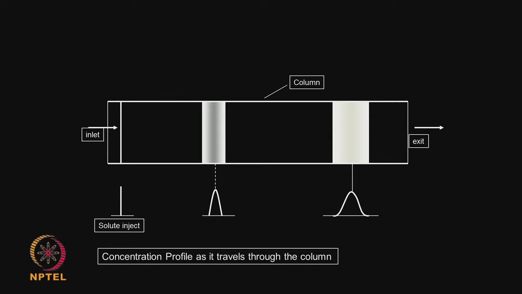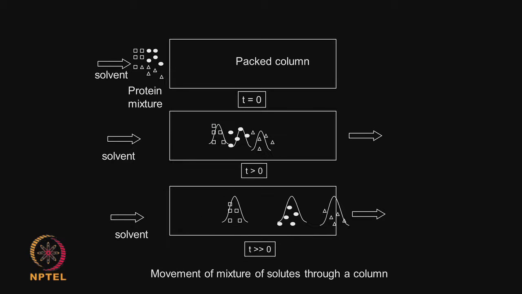We will look at some problems related to the height of this normal distribution curve as well as the width. So, we have a mixture of solutes here and there is a solvent, or sometimes if it is gas there will be a carrier gas here. The proteins get separated like this, and as it travels and travels they get separated one after the other, and that is what happens in a chromatographic system.